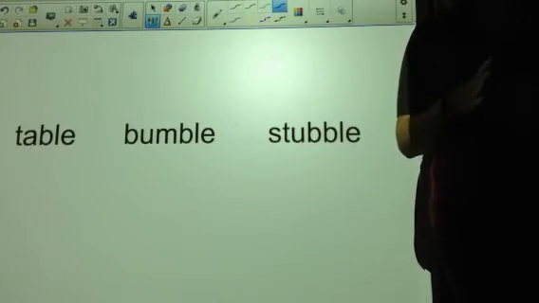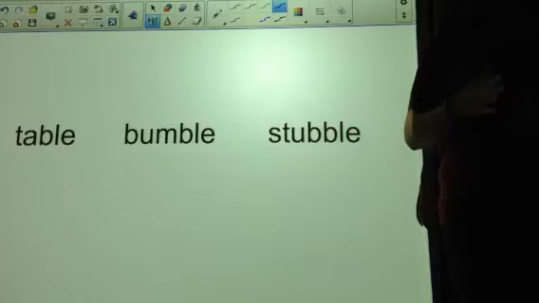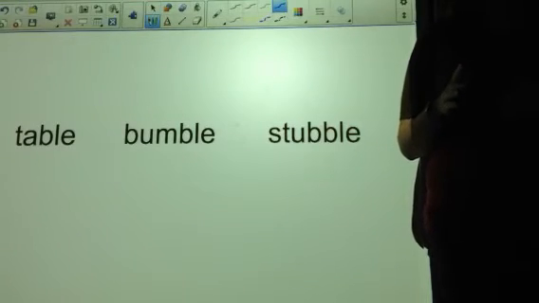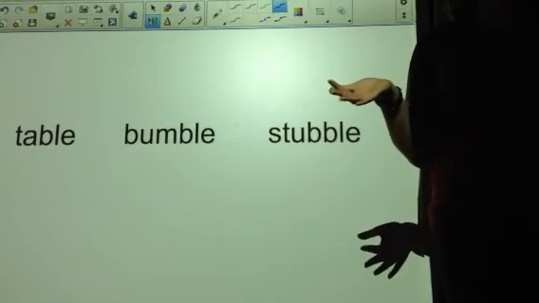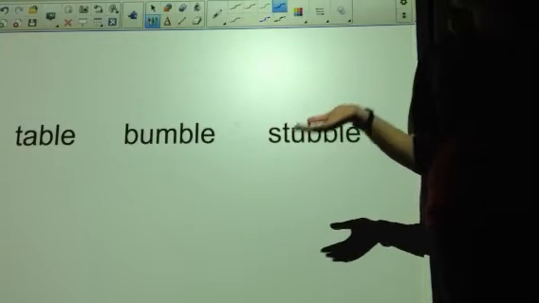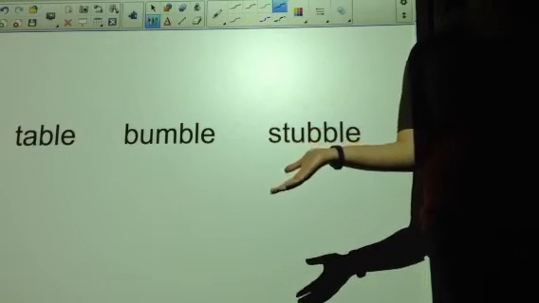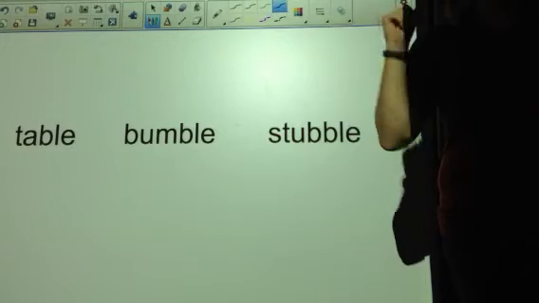Why do we call it a syllable? Tate? Because it has 3 letters. Because it's one syllable. But what is a syllable? B-L-E. Not every B-L-E. At the end, it always is.